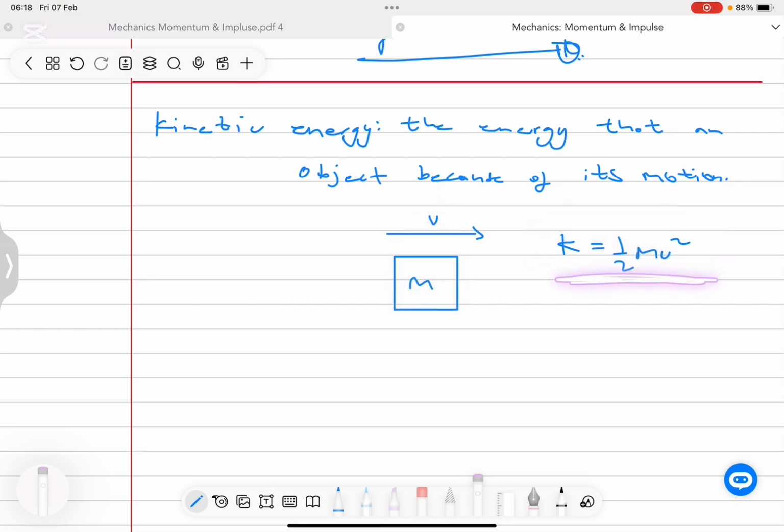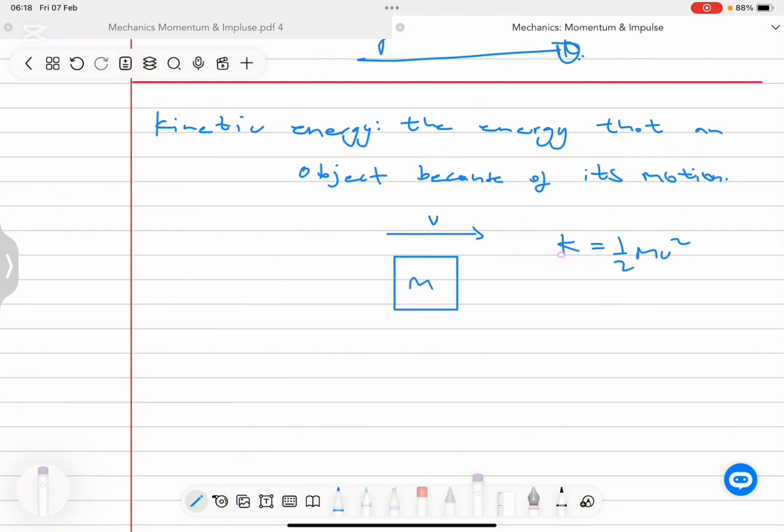This quantity will tell us the energy that defines the motion of this object. Now, this is to say that if the object were to be a bigger object, we'll have a bigger kinetic energy. And if the object were to be a smaller object, the mass is small here, we'll have a smaller kinetic energy.